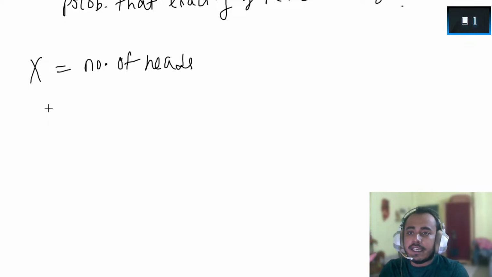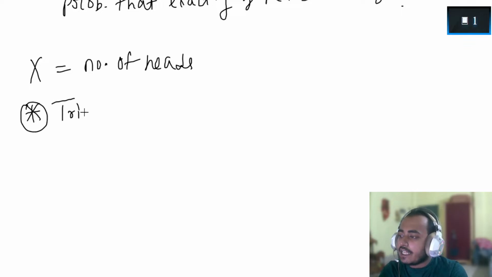If x is the number of heads, then we need to first see if the trials are independent. So the first condition you must check is that the trials are independent.